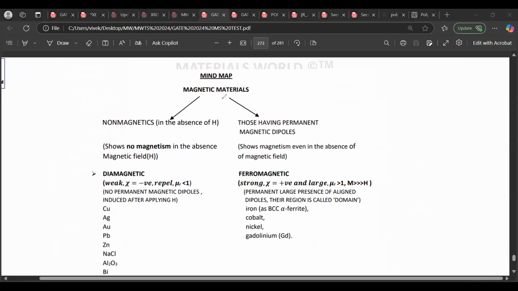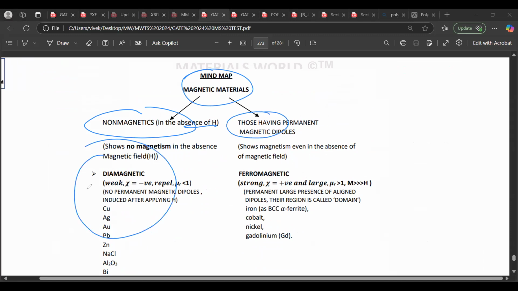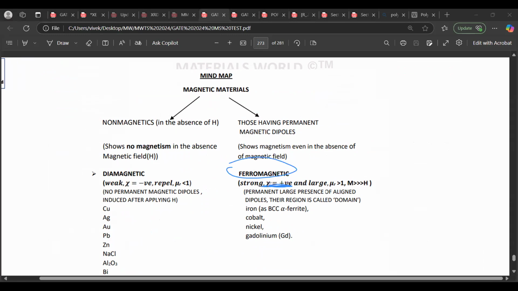Okay, so for magnetic material, you divide it based on whether, in the absence of H, it is magnetic or not. It can behave magnetic if there is the presence of magnetism, but if there is no magnetism, it is simply non-magnetic, right? And then you see the ferromagnetic, it has positive chi and very large chi, and diamagnetic, it's negative and very weak.